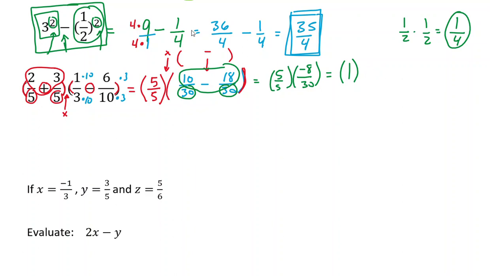That becomes -4/15. Of course, 1 times -4/15 is just -4/15. And there we have it. Okay, so it looked really bad, and it was a little bad, but it wasn't that bad.